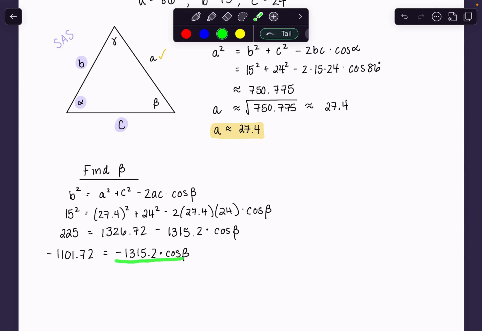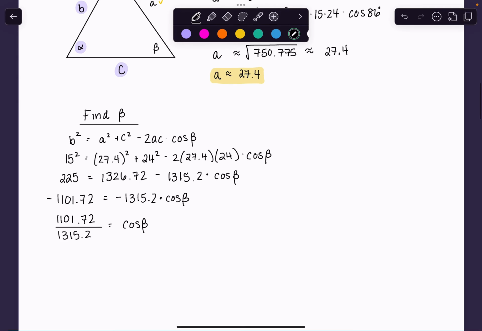And then at this stage, when we divide by this quantity, thankfully the nice thing that happens is those minus minus cancels, and you turn to positive. So when I divide through, I get 1101.72 divided by 1315.2, and that's equal to cosine of beta.